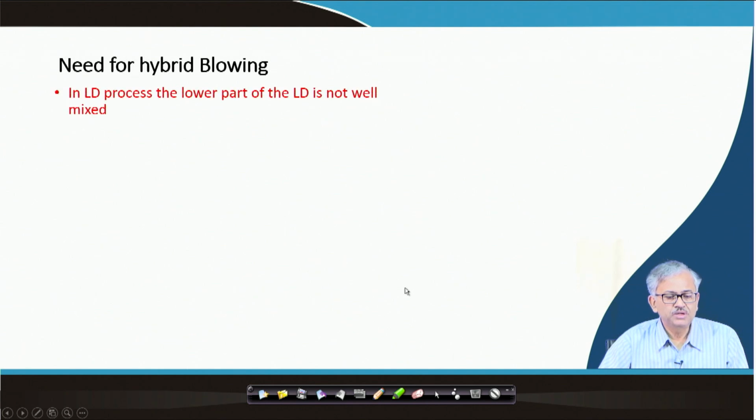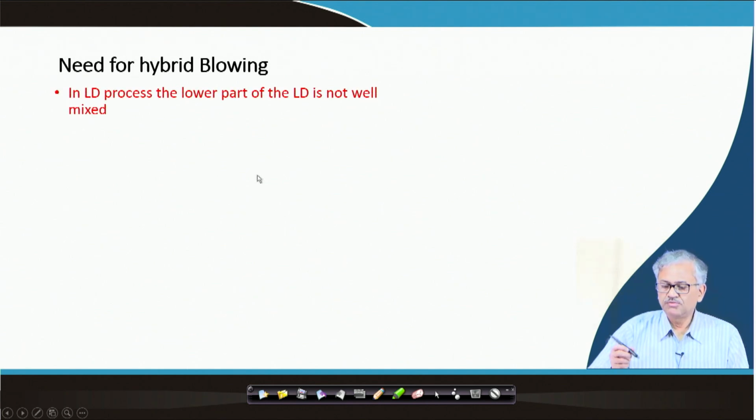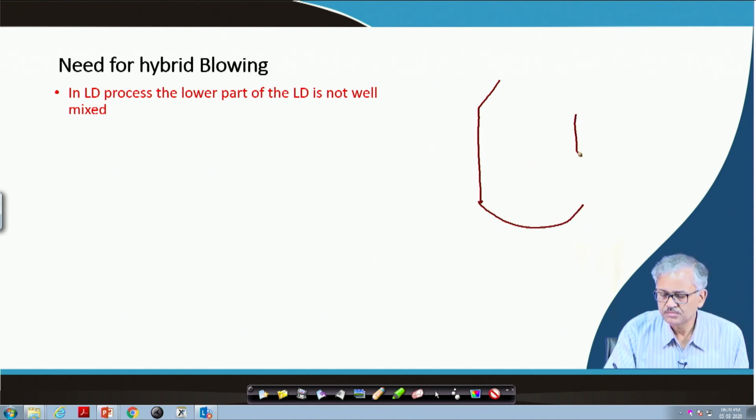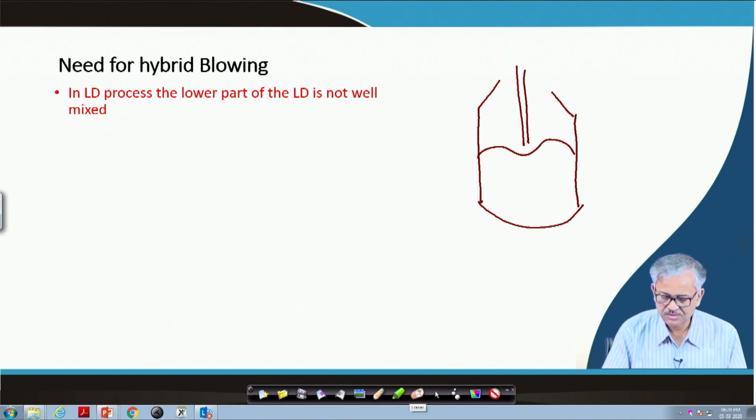What is hybrid blowing? If you see the LD furnace, here to start with, the lance is here, and you have the bath like this, some crater formation is here.